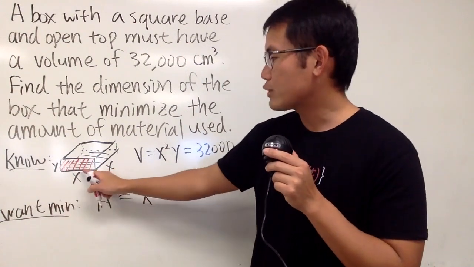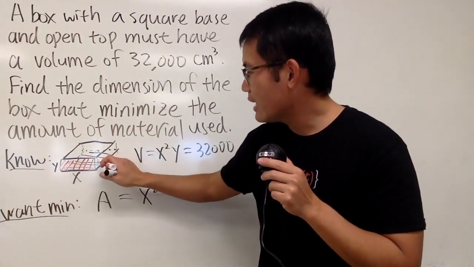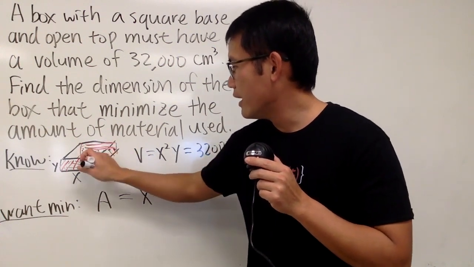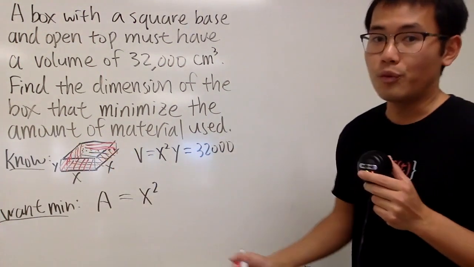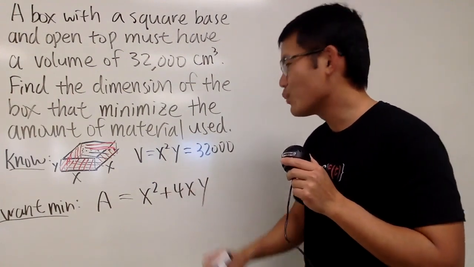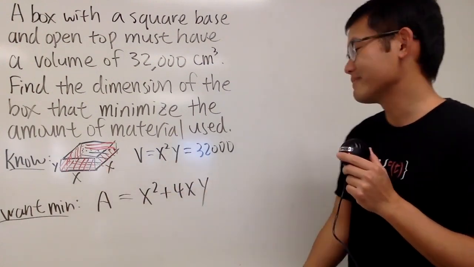In fact, we have 4 of these, one right here, another one here, another here, and another there, for 4 sides. So we have to add 4 times xy.